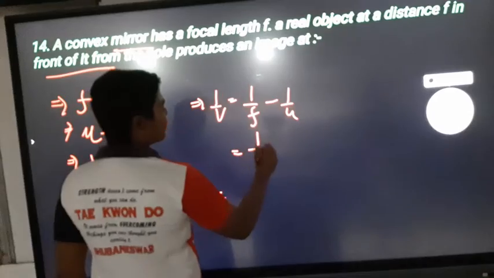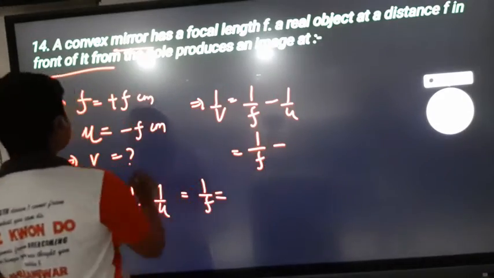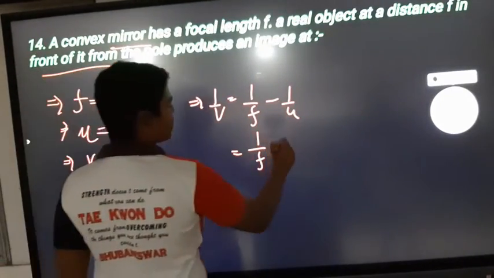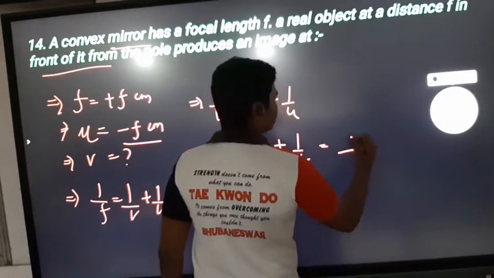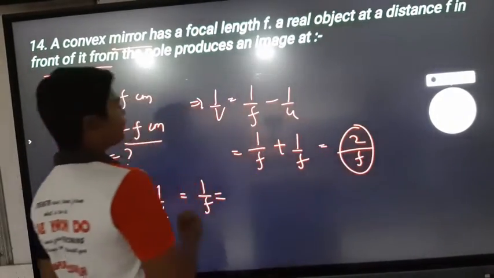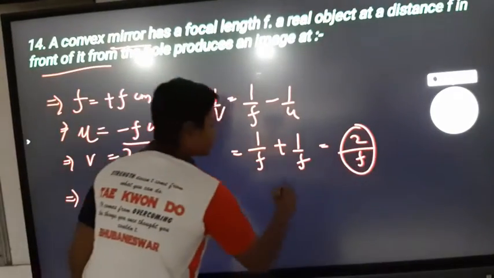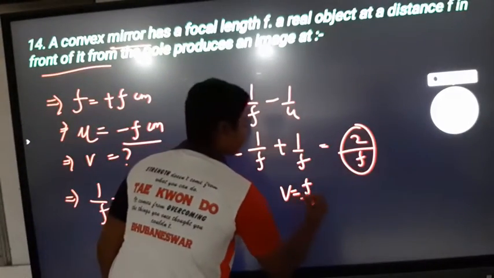It becomes 1 by F minus U, and U is minus F, so it becomes plus 1 by F, which is 2 by F. So 2 by F equals 1 by V, and V becomes F by 2.